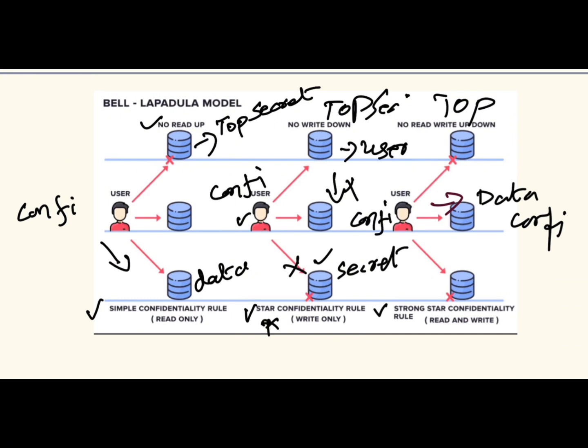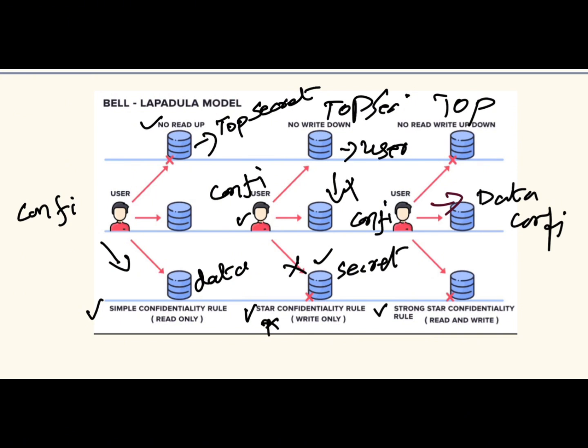Each piece of data, whether files, records, or messages, is labeled with a security classification: top secret, secret, confidential, unclassified. And each user is also assigned a security clearance level, as we have seen in this diagram, that determines their access.